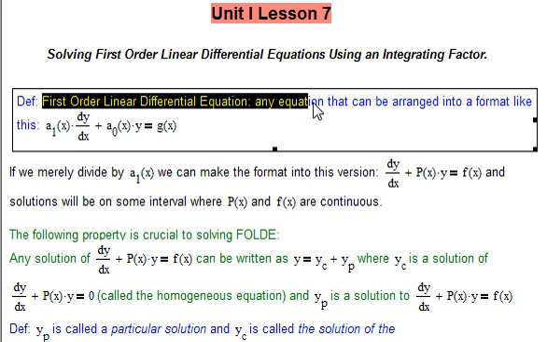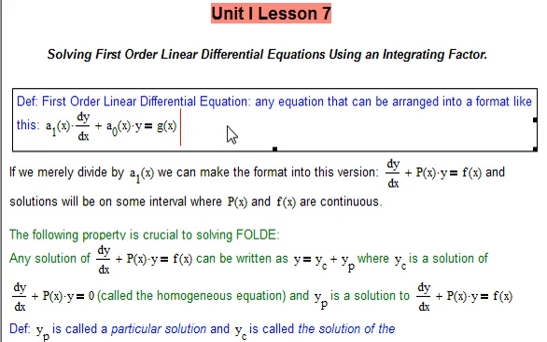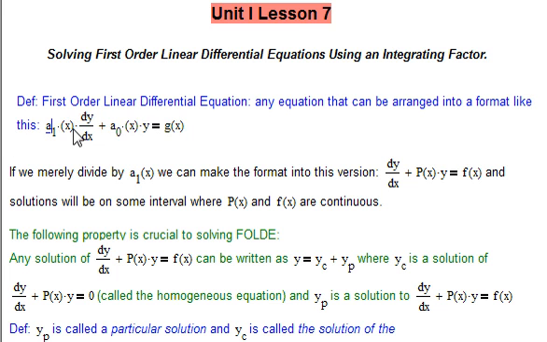A first-order linear differential equation is any that can be arranged into a format like this, where we have a function of x times the derivative of y with respect to x, plus another function of x times y, which is itself a function of x, and finding y as a solution equals some g of x.